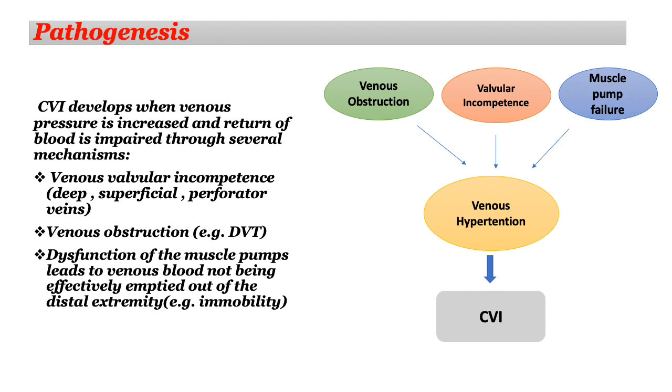So, 3 important mechanisms behind the development of chronic venous hypertension: valvular incompetence in the deep or superficial system or both, venous outflow obstruction like DVT, and muscle pump failure. All these 3 mechanisms will lead to venous hypertension and eventually CVI.